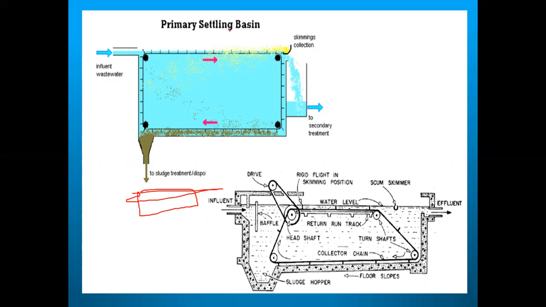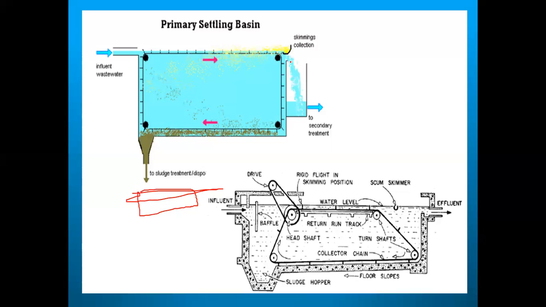Next, the primary settling basin, and the skimming collection. At the point where the wastewater is going into the sedimentation tank, the skimming action also proceeds continuously. Whatever water comes from this settling basin goes into the next, secondary treatment.